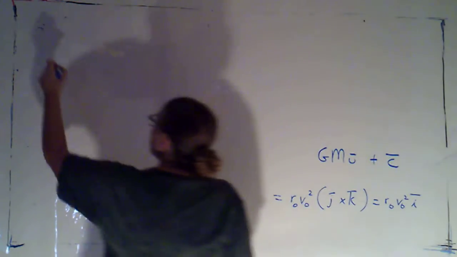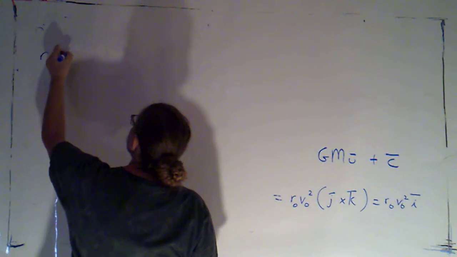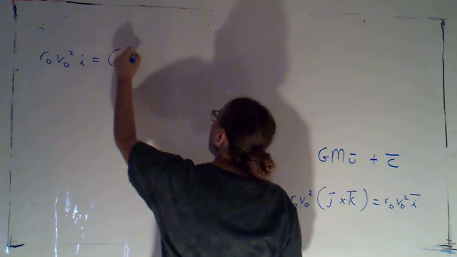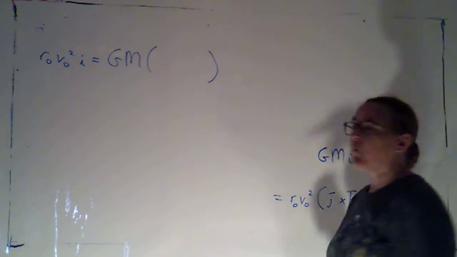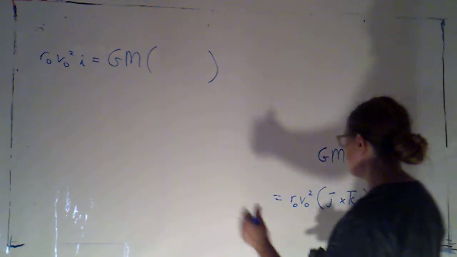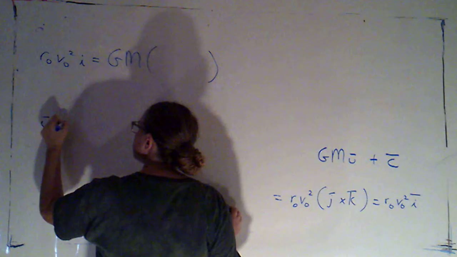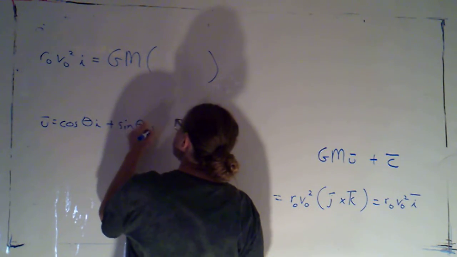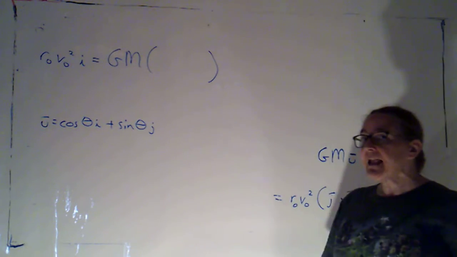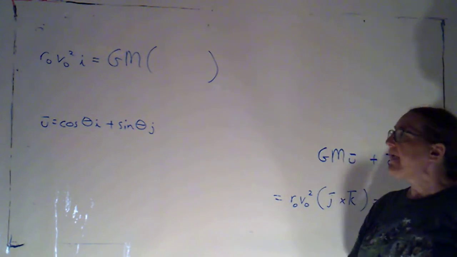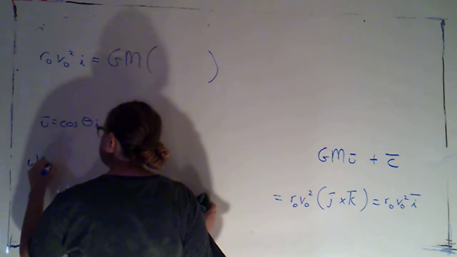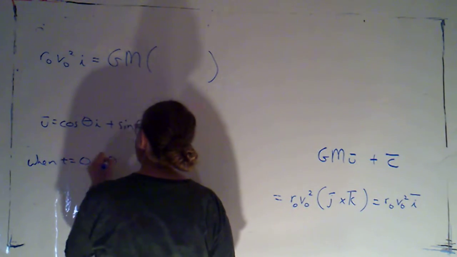Okay, so r naught v naught squared i is equal to gm. Let's figure out what the u value is at 0. Now remember, u was just cosine of theta times i plus sine of theta times j. And at time 0, theta was 0. When t equals 0, theta is 0.